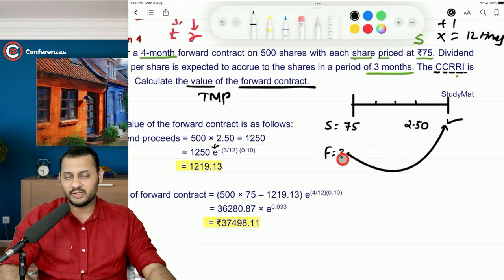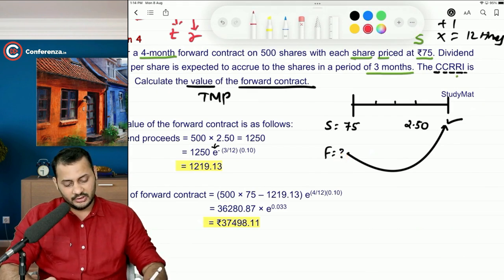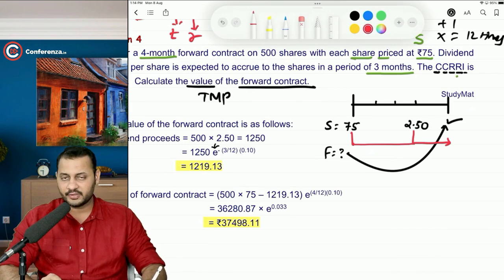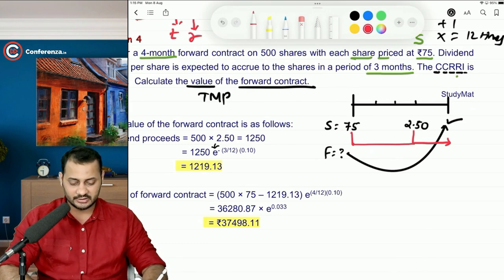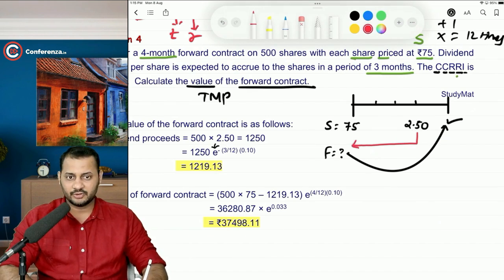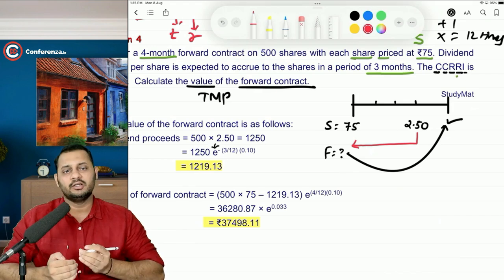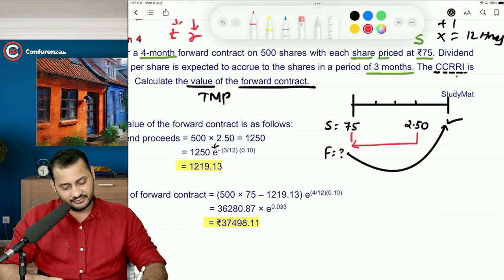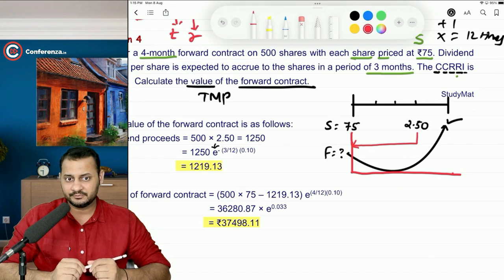Now, how to create a formula? There are 2 options I told you earlier also. What you can do is take this 2.5 one month forward and this 75 four months forward. This is one way of achieving the answer. Another way is to bring this 2.5 back to point 0. So basically you are discounting 2.5 rupees, adjusting it with 75 and taking this net figure to the end of the 4 months.